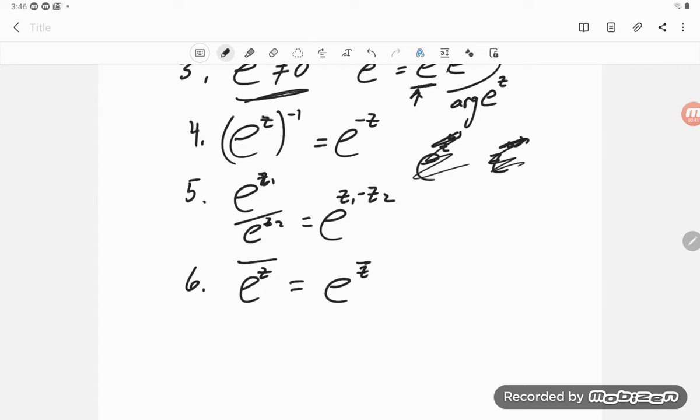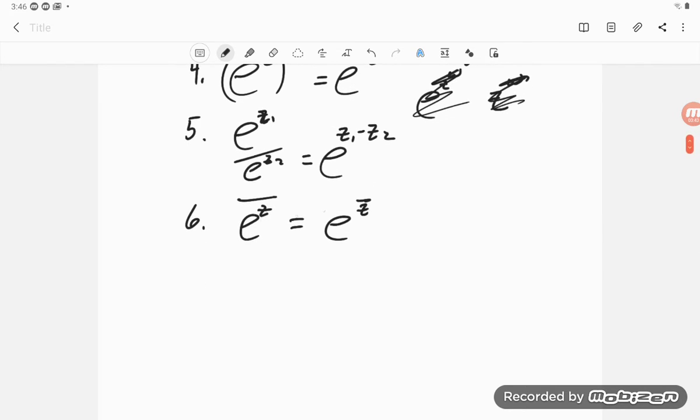Now that one, I think you have to think about that a little bit, right? So this conjugate idea, I start with e to the z conjugate. Okay, that is e to the x, e to the iy conjugate.